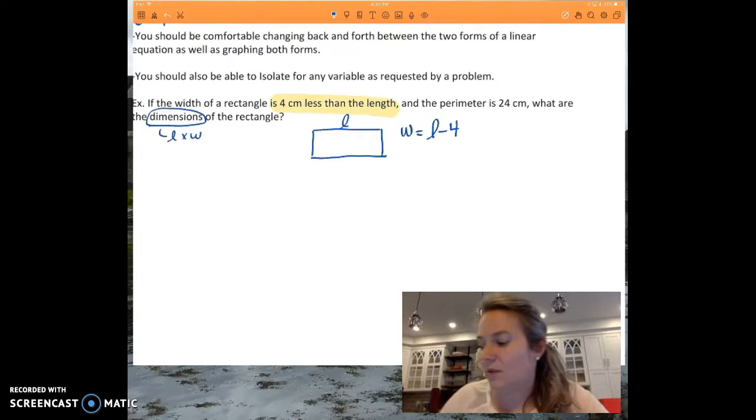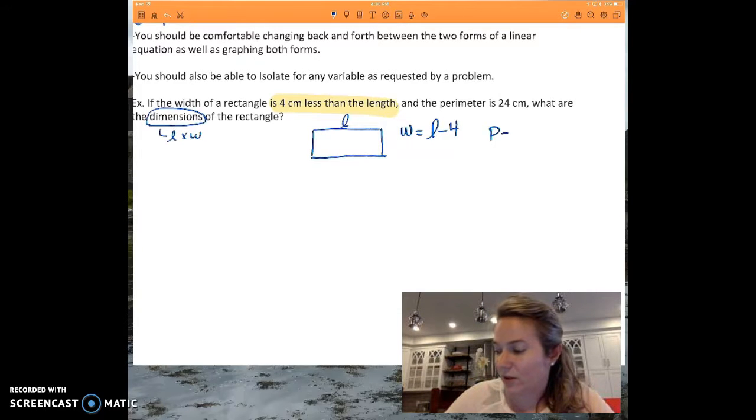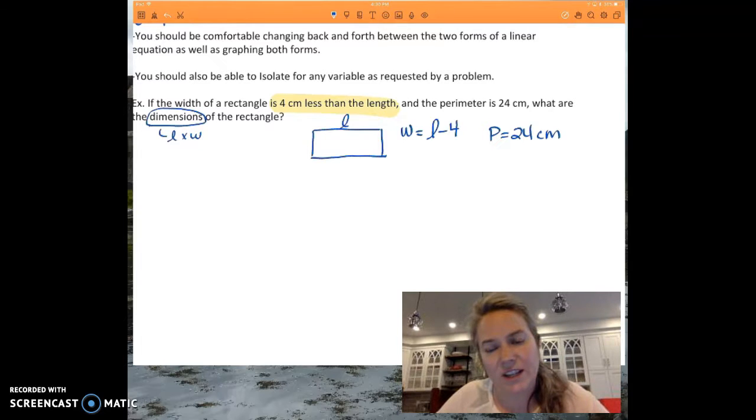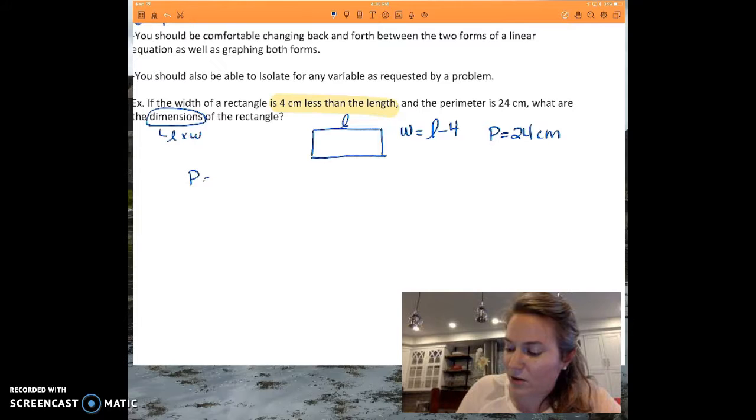So length and width. Now, they told us that the perimeter is 24 centimeters. How can we find what the length and width are? The perimeter equation is 2W plus 2L.